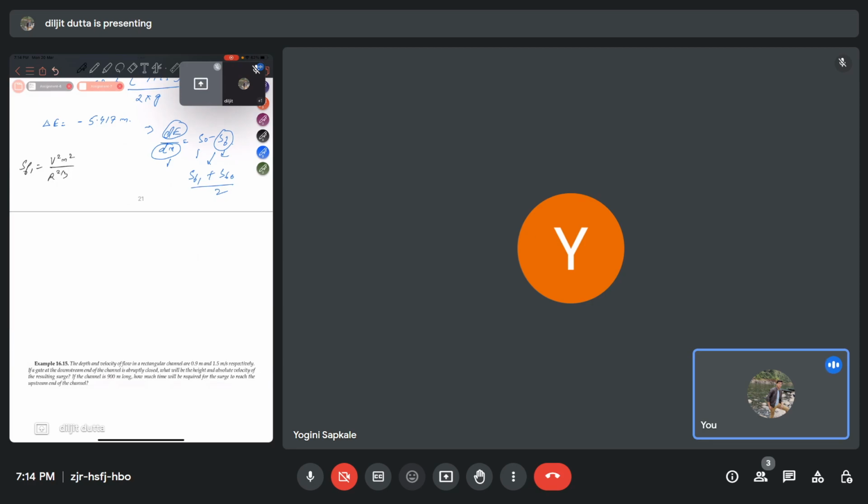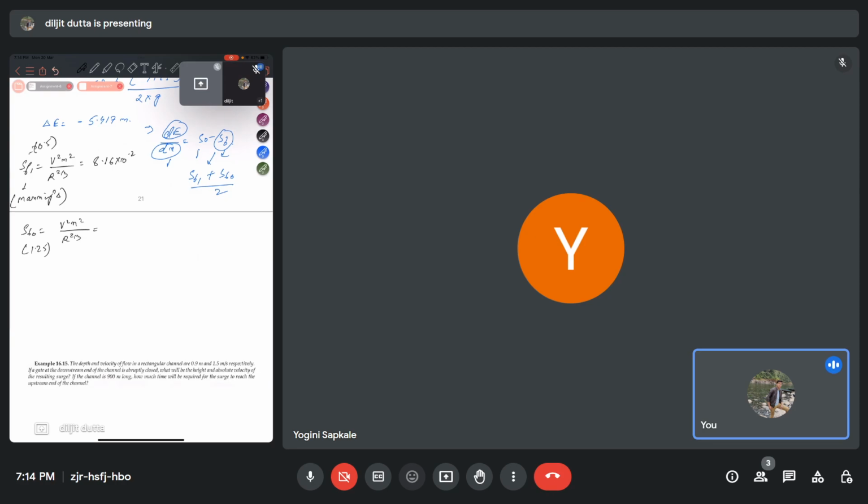This is from Manning's formula, and if we substitute, we will get 8.16 into 10 to the power of minus 2, and SF0 we can get similarly by v square n square by R to the power 2 by 3 at 1.25, and this is at 0.5.